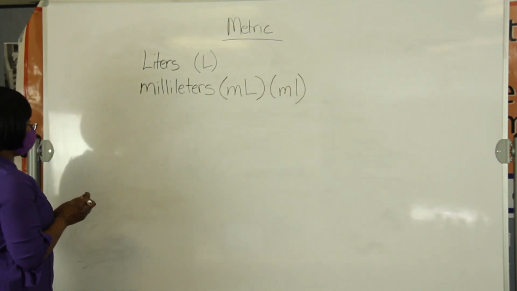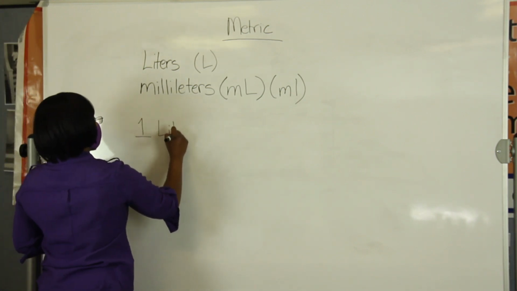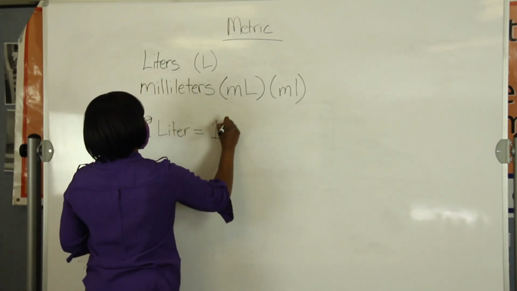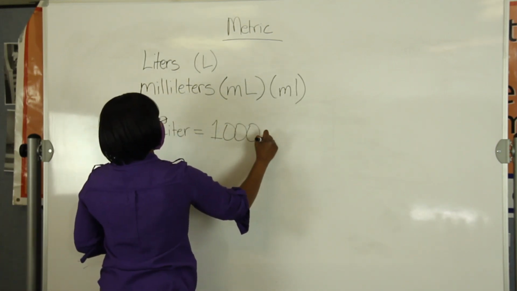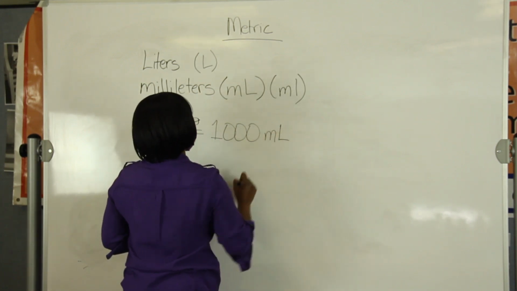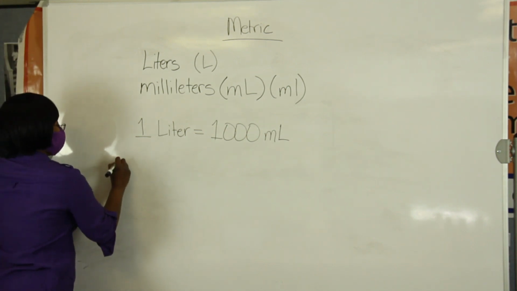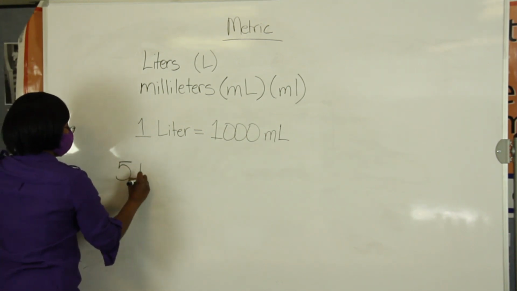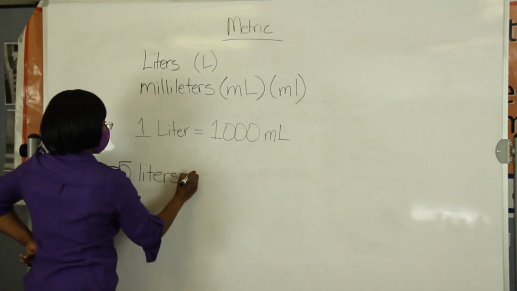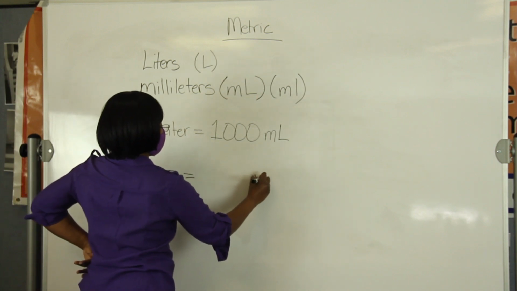Now, 1 liter equals 1,000 milliliters. I'm going to go ahead and just put it like that. So, if we have 5 liters, how many milliliters do we have?